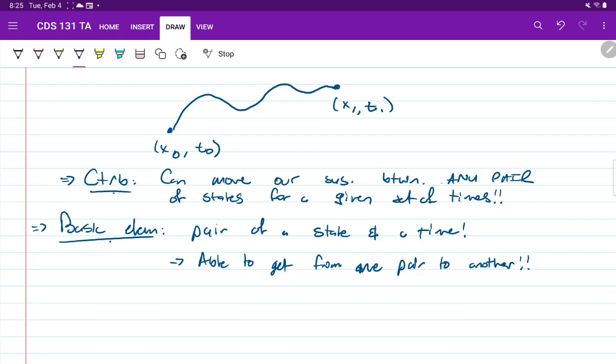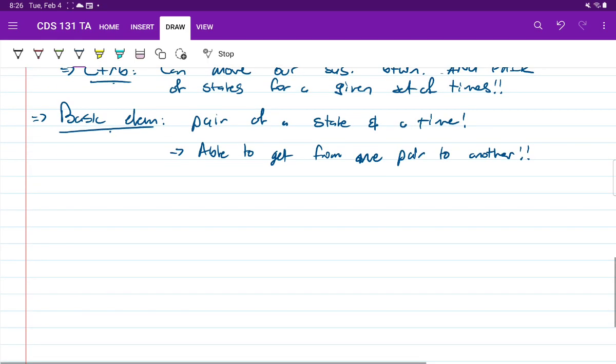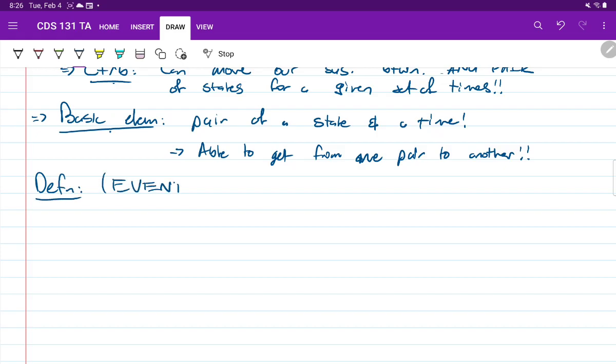So these are the two basic pieces. What I'm going to do now is use the abstract dynamical system language that we developed much earlier in the course, and put down two mathematical definitions that correspond to these two components. This gives us our first definition, which is an event and a reachable event.